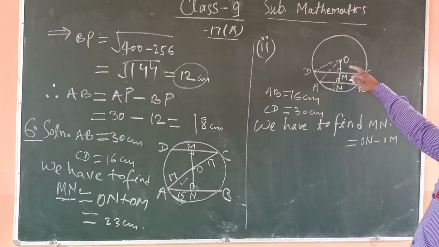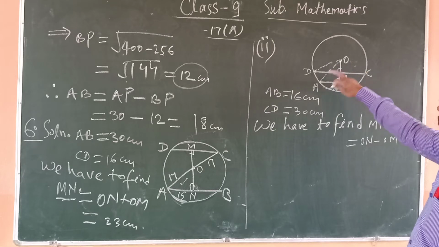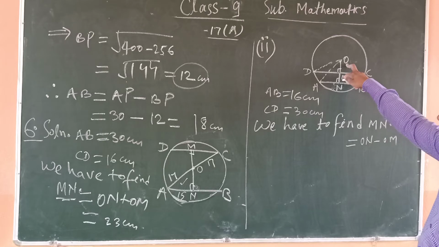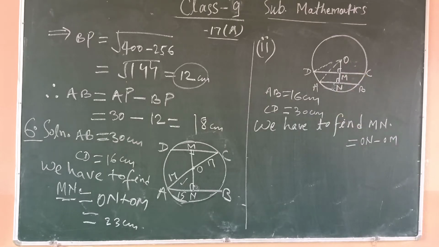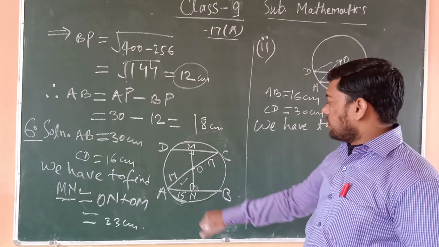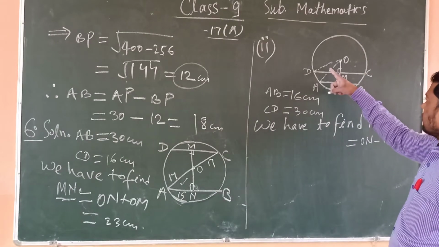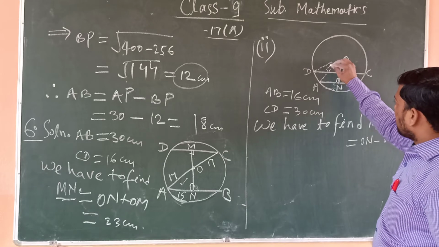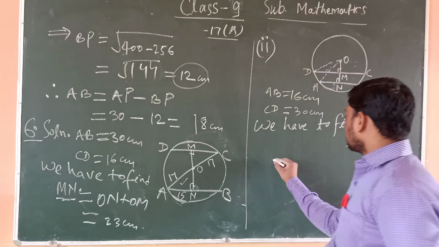ON is in triangle OAN. The length of OA, this radius, is 17 centimeter.